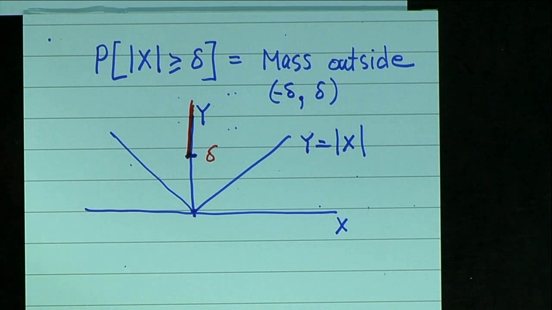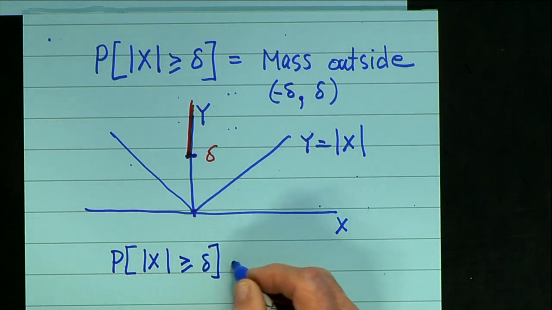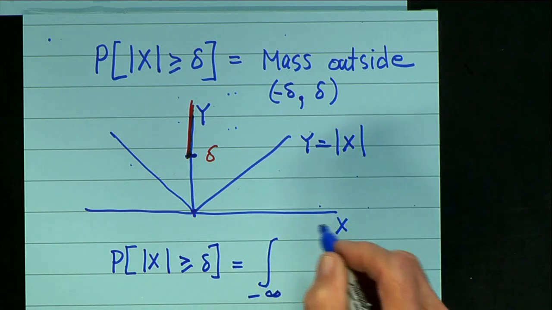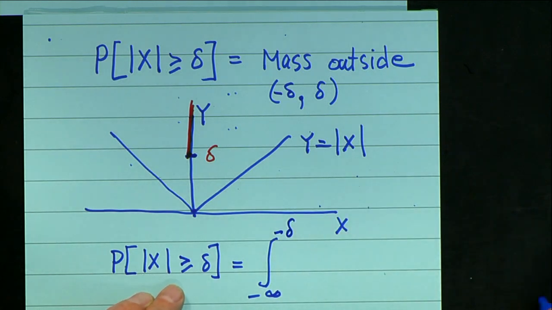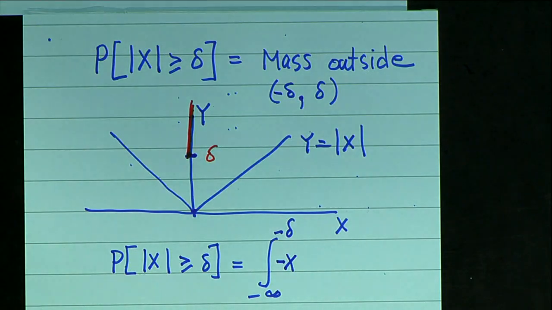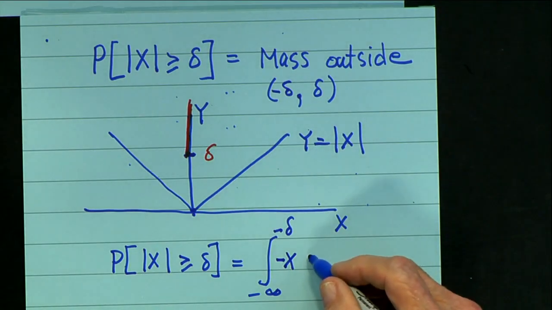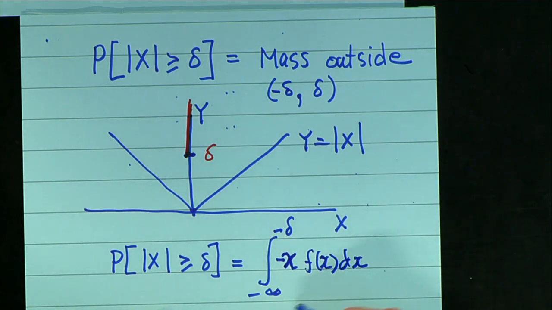The probability that x is greater than delta is equal to the integral from minus infinity to minus delta of minus x, p of x dx, I think we're calling these p of x, plus the integral from delta to infinity of x, p of x dx. That's the mass outside that interval.